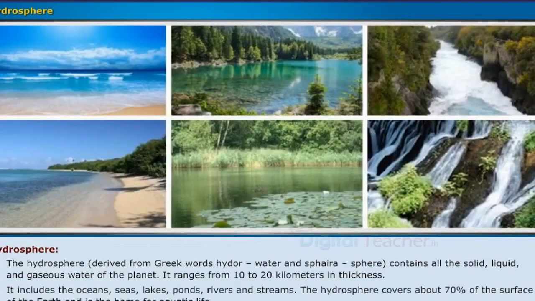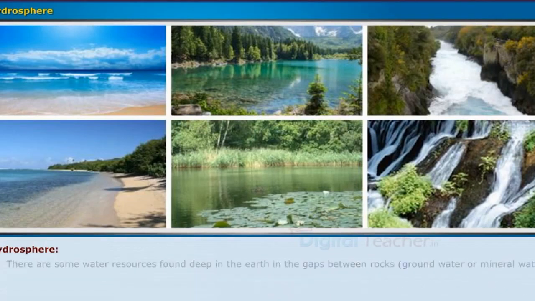It includes the oceans, seas, lakes, ponds, rivers, and streams. The hydrosphere covers about 70% of the surface of the Earth and is the home for aquatic life. There are some water resources found deep in the earth in the gaps between rocks, groundwater or mineral water.